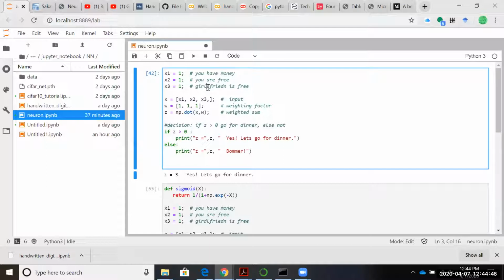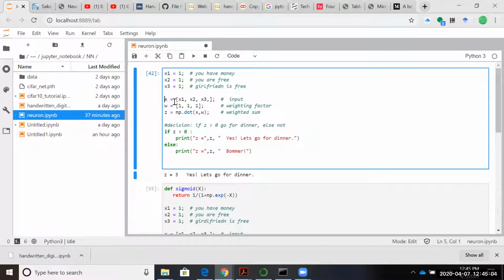Oh, it's a misspelling, girlfriends. Does that make sense? Three conditions, right? I put these in an array, and that's the input parameter.